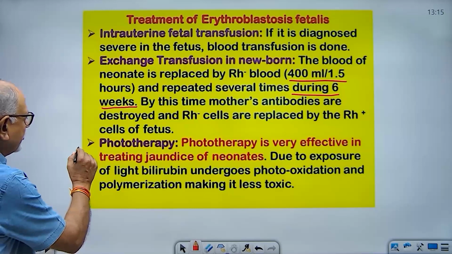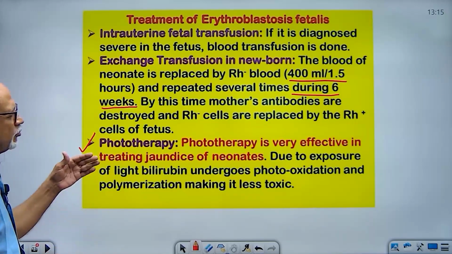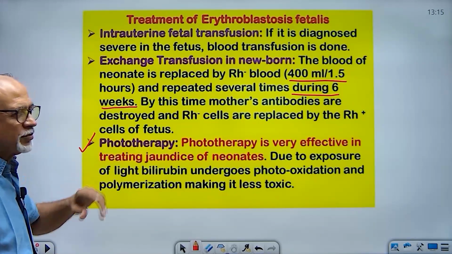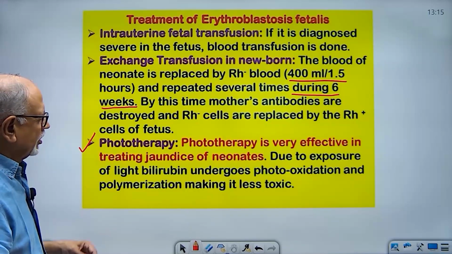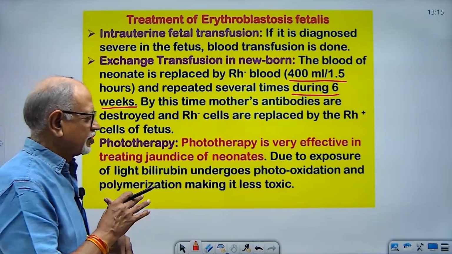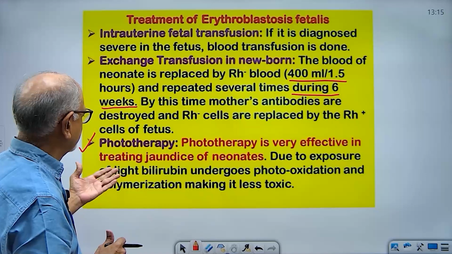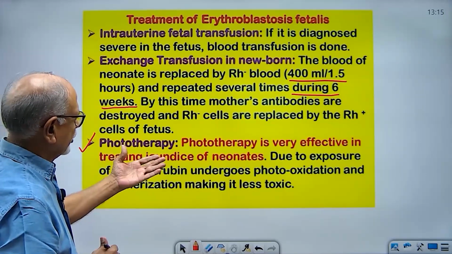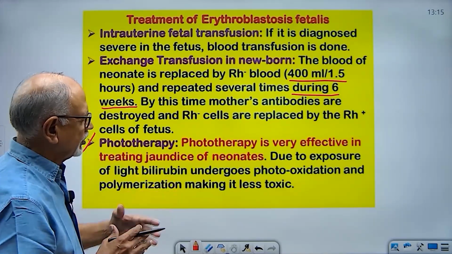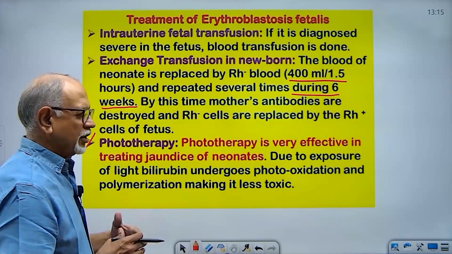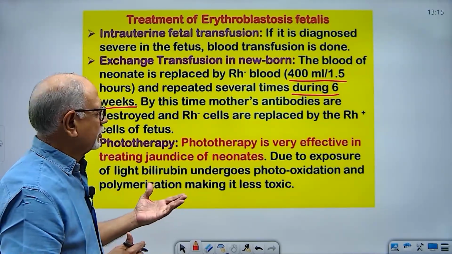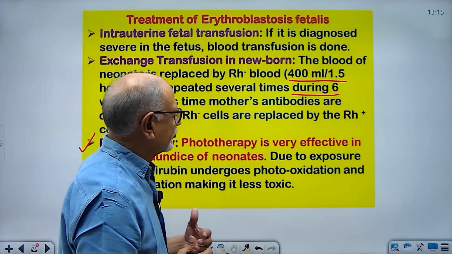Now, this is the most common treatment for children who are suffering from kernicterus and this destruction of RBCs, with loss of blood, paleness, and jaundice-like symptoms.